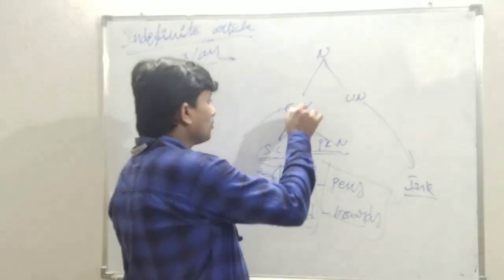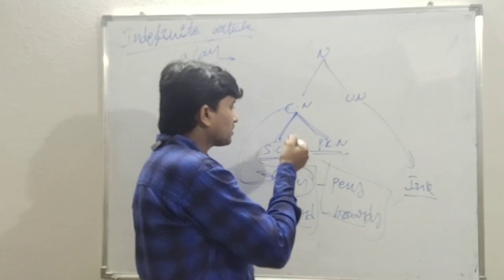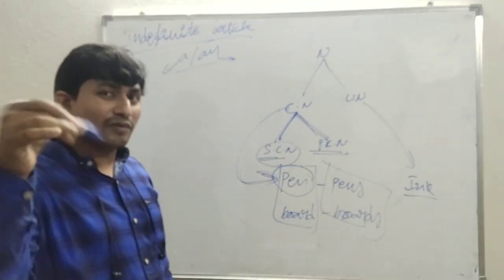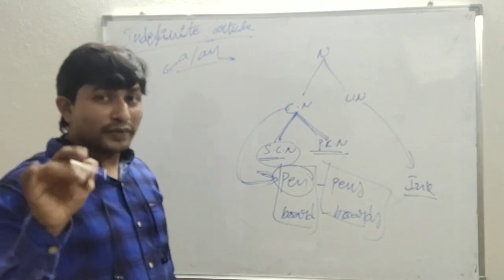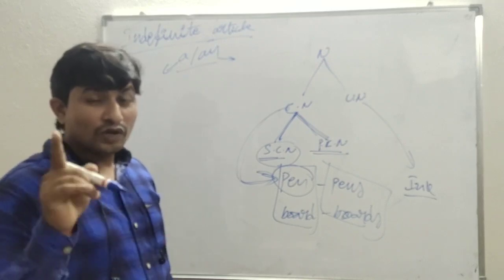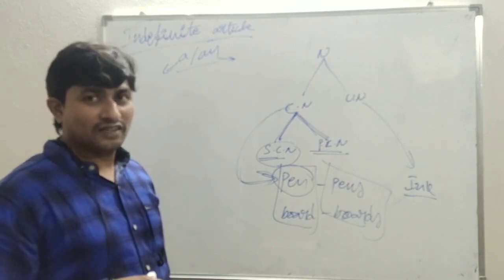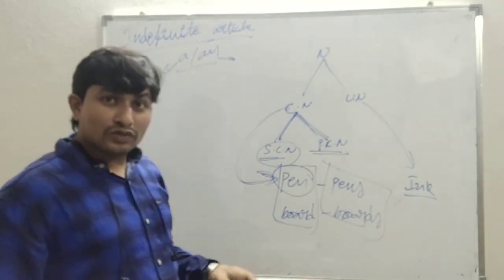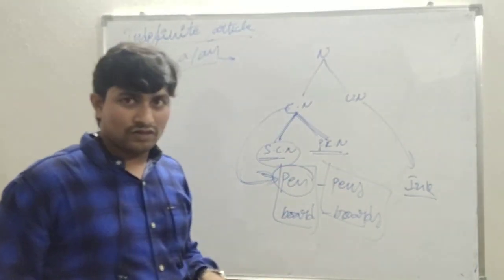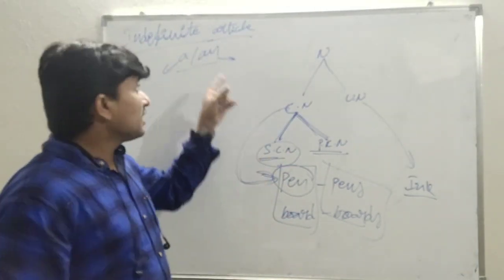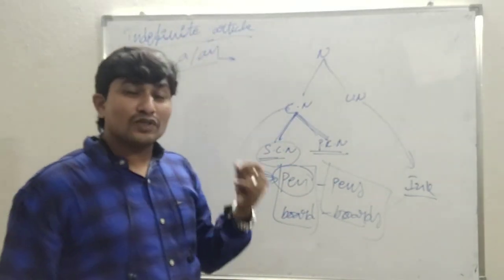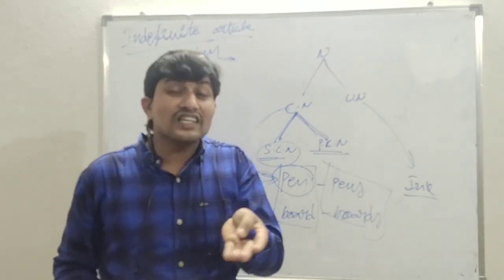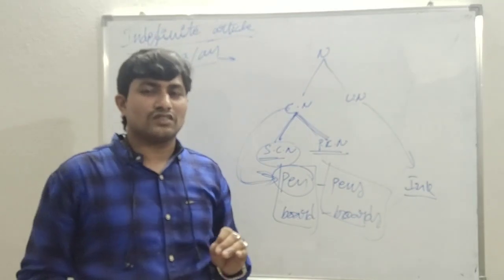If you say countable nouns, again there are two kinds, singular and plural, so you may make a mistake. I don't want you to make a mistake. Have you understood? So the indefinite article can be used in front of a singular countable noun. You are not supposed to learn that the indefinite article can be used in front of countable nouns. It is wrong. It is used in front of singular countable nouns.